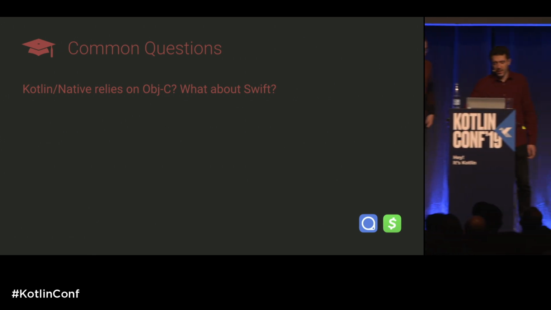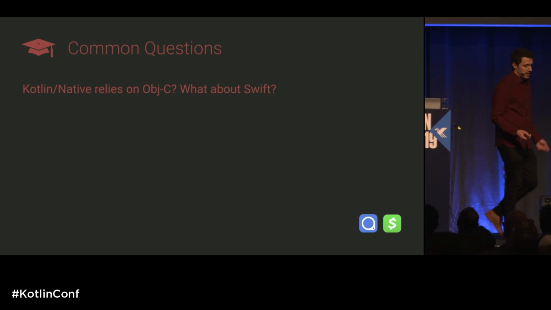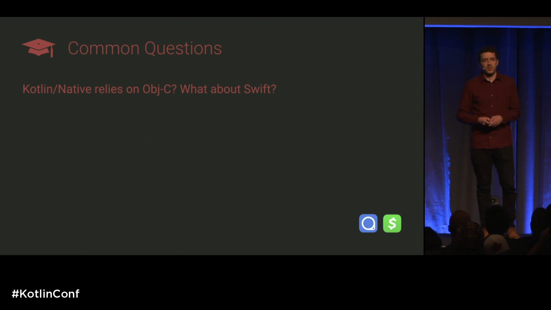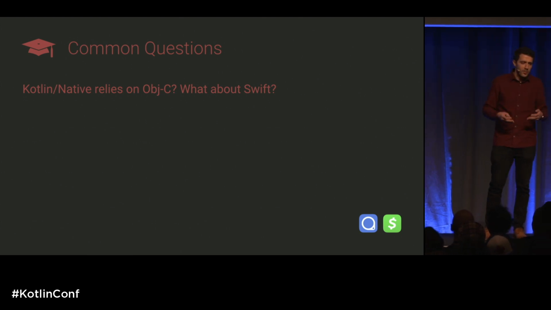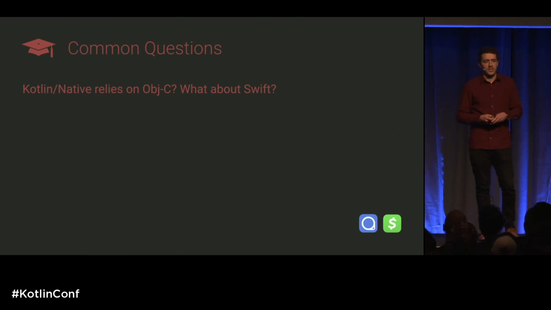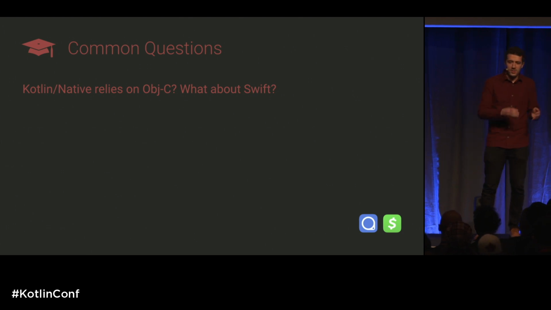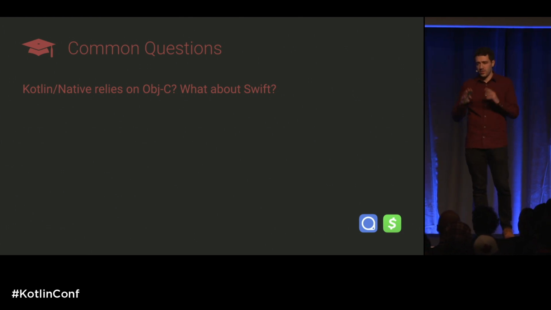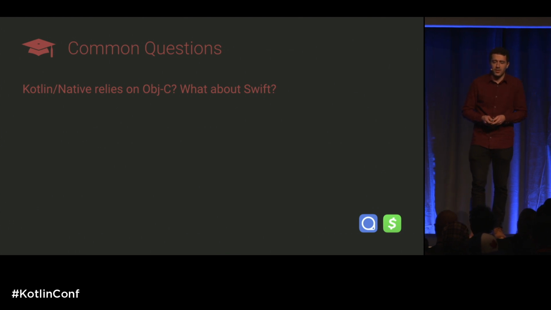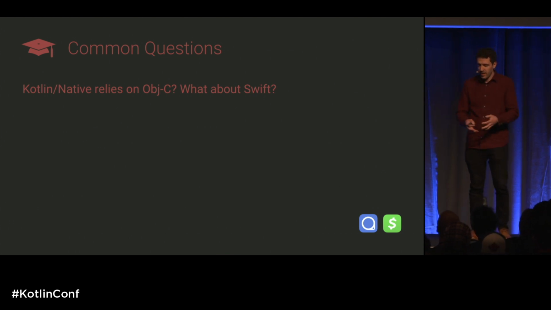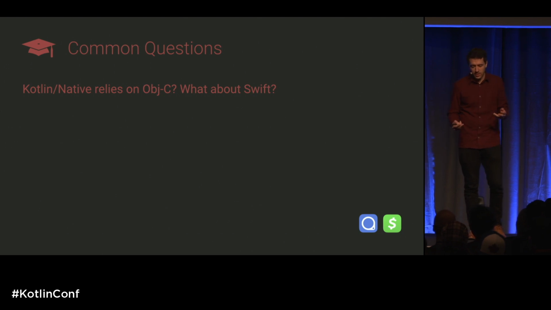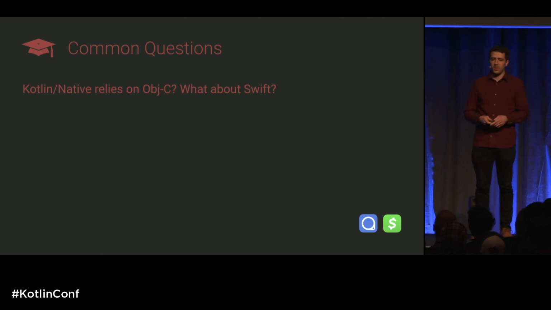Yeah, so as an iOS developer, like myself, you probably spent the last couple of years, if you're on a new code base, building it from the ground up in Swift, or if you're on a legacy code base, slowly marching away from Objective-C towards an all-Swift code base. So you might be a little concerned when Kotlin Native comes onto your team and you're looking through Objective-C interop at those APIs. And so I think the answer to this common question that we see comes in two parts.